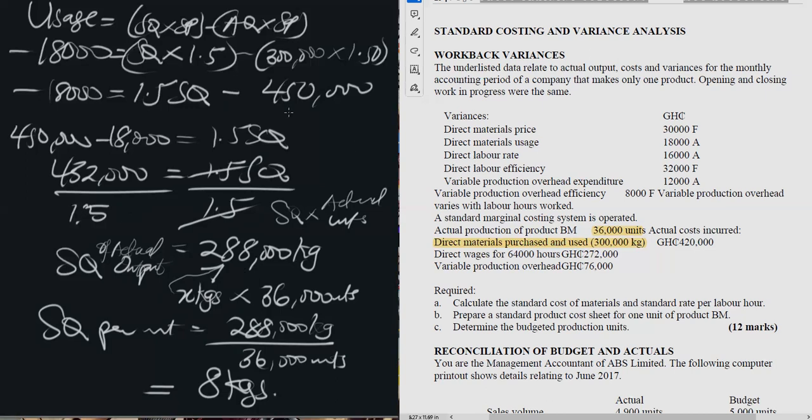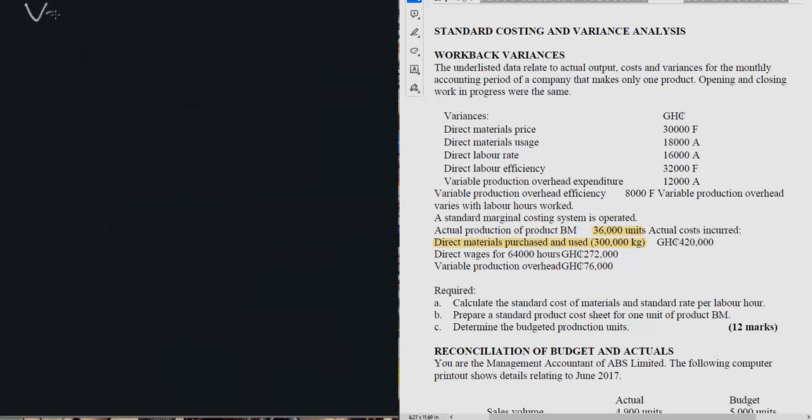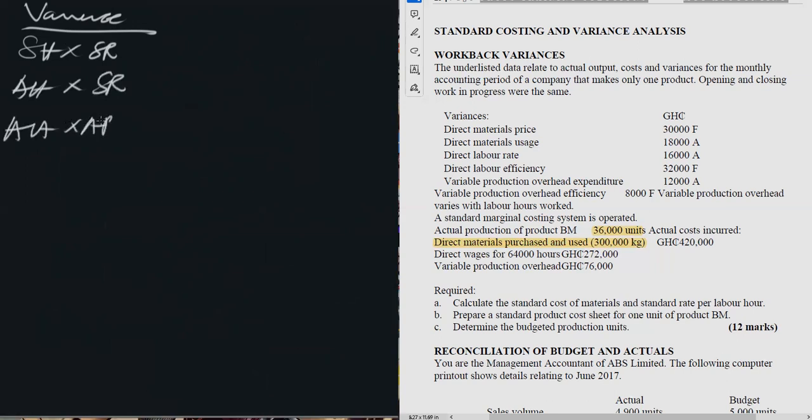Now we need labor. So the same way, when you get to labor, I'll put my variance formula down so I don't get confused. I know labor is standard hour by standard rate, actual hour by standard rate, actual hour at what? Actual rate. Then I know between this and this is efficiency.